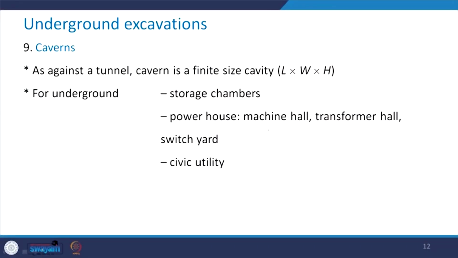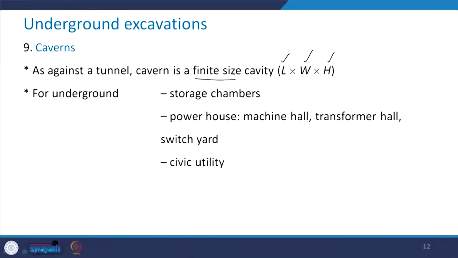As against the tunnel, a cavern is a finite size cavity which has some finite length, width and height. You have seen that in case of the tunnel, it has a cross section, but its length perpendicular to that cross section is pretty large as compared to its cross sectional dimension, or maybe I can say that its length is much larger as compared to its diameter.